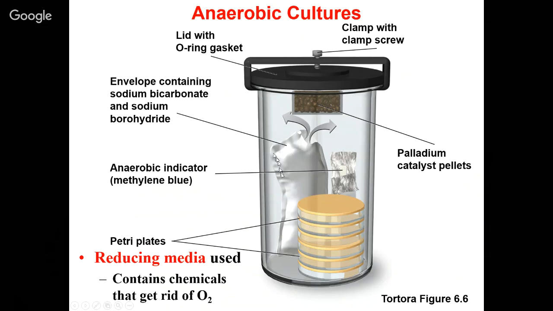When that chemically reacts, it forces the oxygen out and replaces it with carbon dioxide and sodium and different things, and that displaces it, and that reducing media gets rid of that oxygen. So remember OIL RIG, right? Yeah. OIL RIG, reducing. So it's getting rid of the oxygen by reducing. Okay, cool. Okay, here we go.